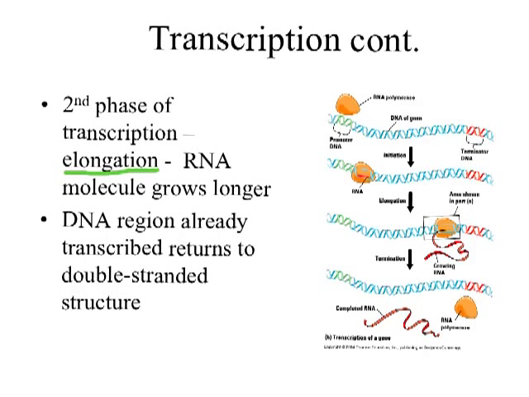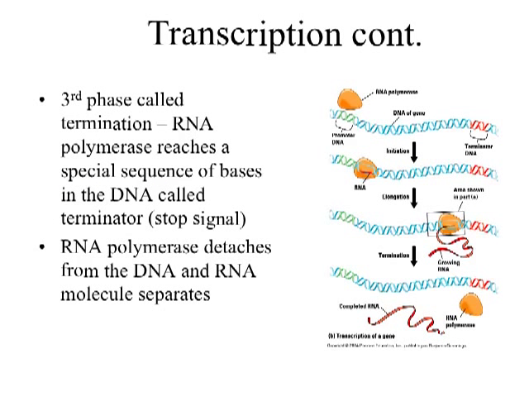The DNA region that's already transcribed then winds back together and returns to its double-stranded structure. So after RNA polymerase is done with that particular strand of DNA, the DNA is going to wind back together and become brand new again. All right, and the third and final phase of transcription is what we call termination.